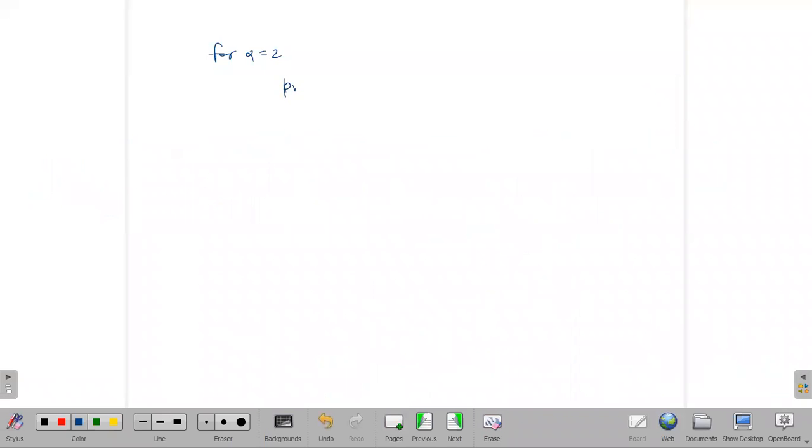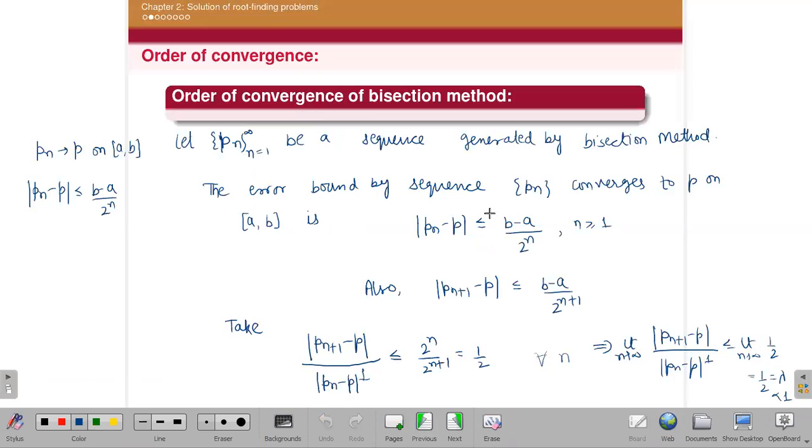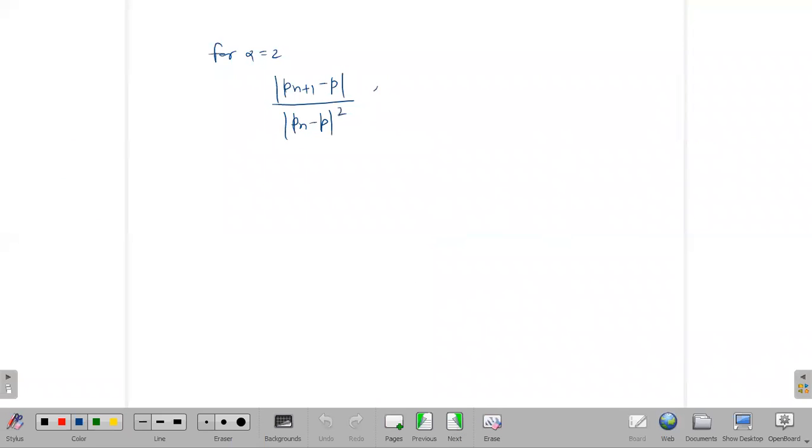We take Pn+1 - P in the numerator and (Pn - P) raised to power 2 in the denominator. So you have to take the square of this inequality. It will be less than or equal to ((B - A)/2^(n+1)) divided by ((B - A)/2^n) whole square.